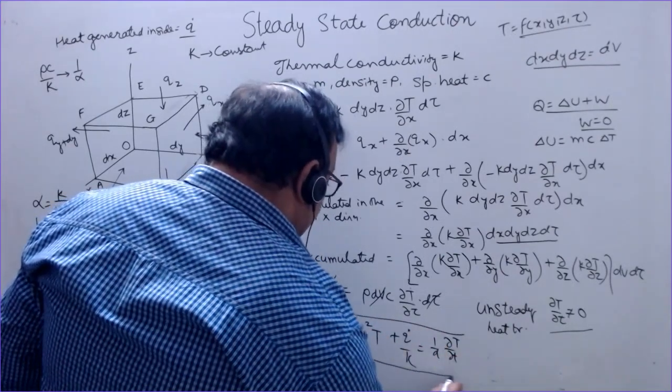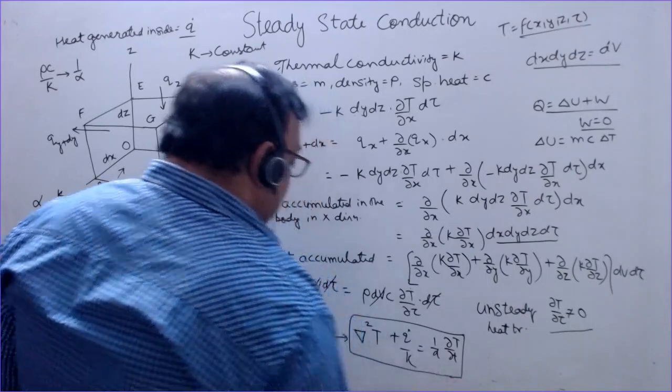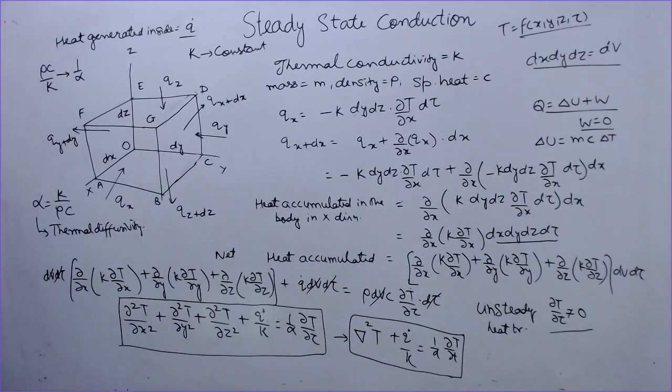This is our equation of heat flow for a system having three-dimensional heat flow, and heat is generated inside the system, the body, and it is unsteady state of heat transfer. Now our further discussion will be based upon this.